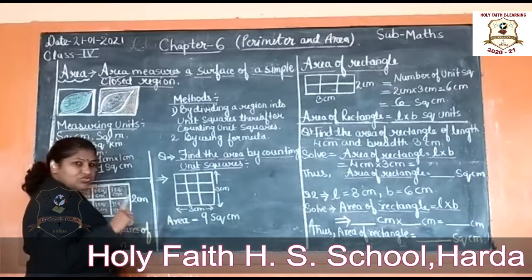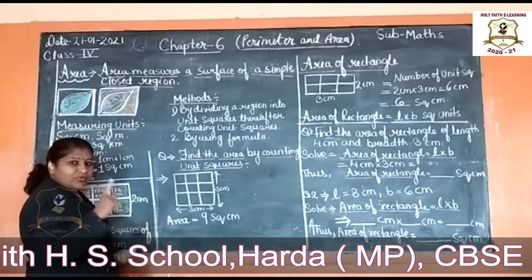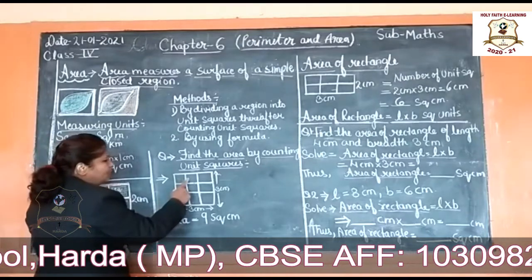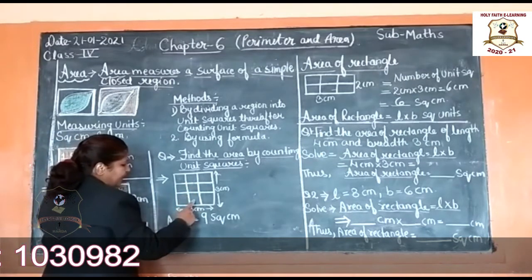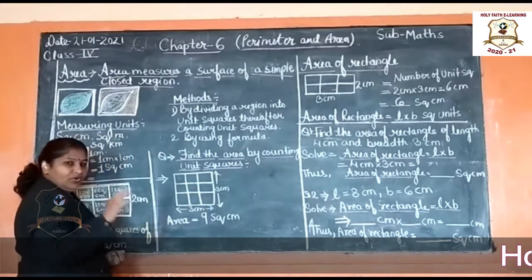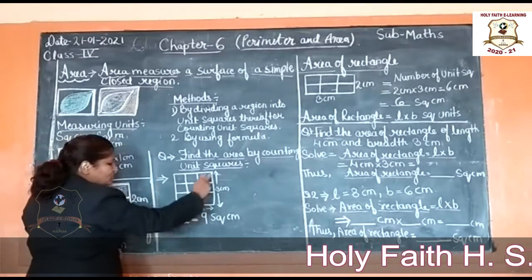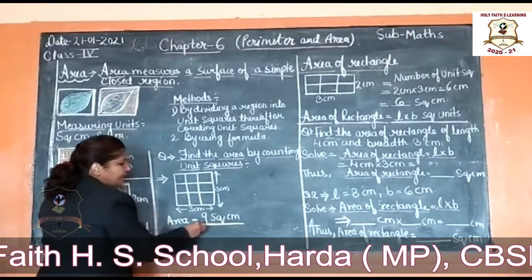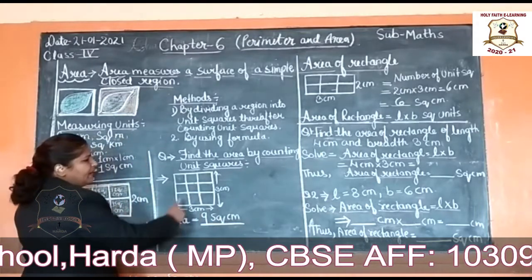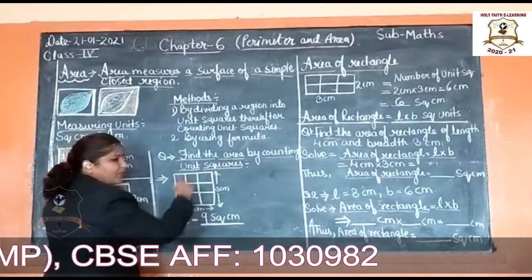Now we will count how many squares are given: 1, 2, 3, 4, 5, 6, 7, 8, 9. So the area of this closed figure is 9 square centimeter by counting unit squares.